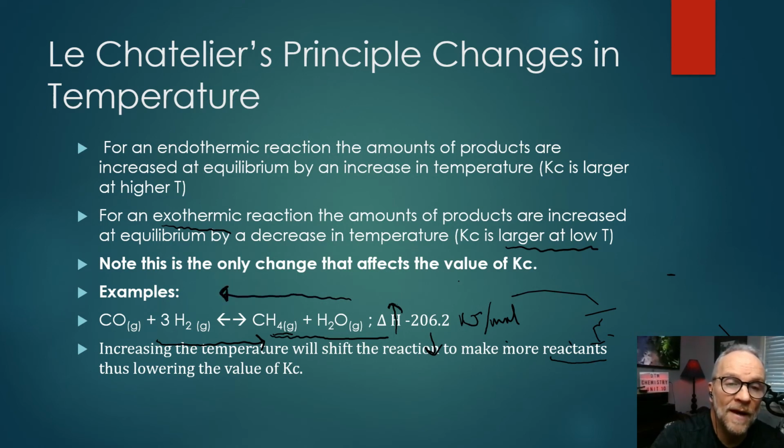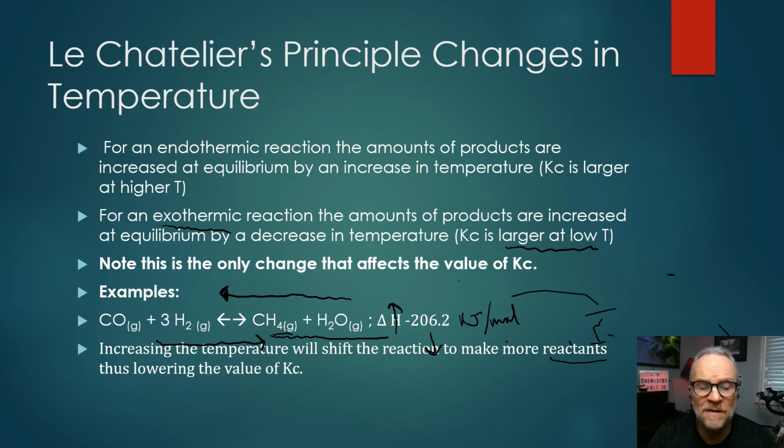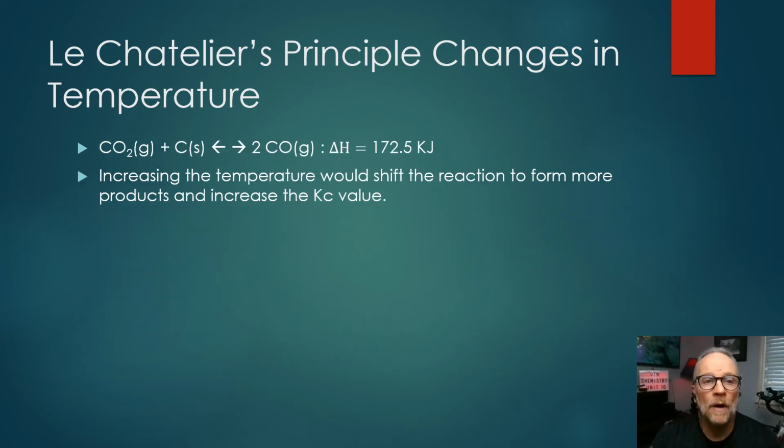And so in that case, we make more reactants, and Kc goes down, lowering the value of Kc. Okay, Le Chatelier's principle: increasing the temperature would shift the reaction to form more products and increase the Kc value.